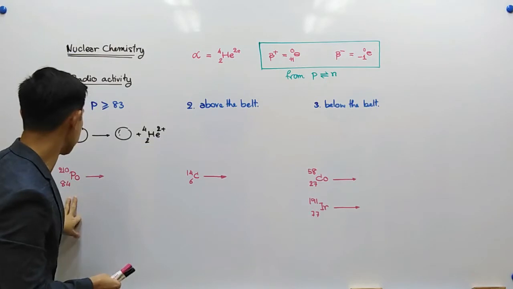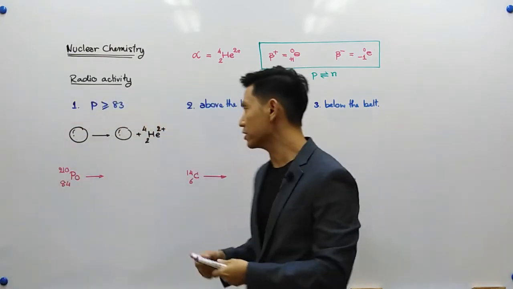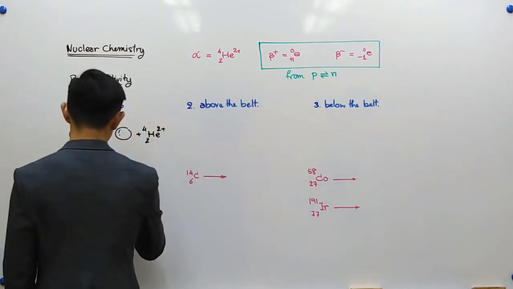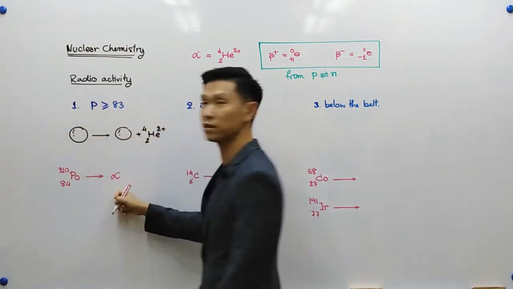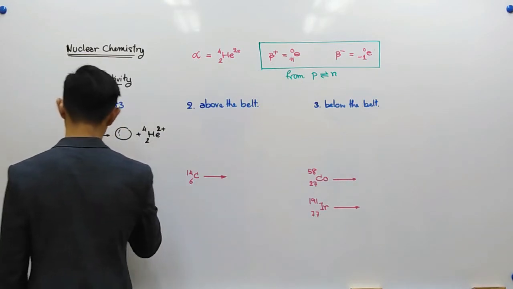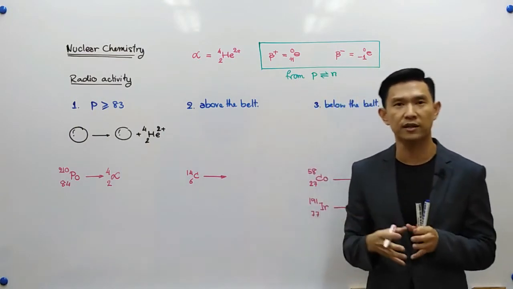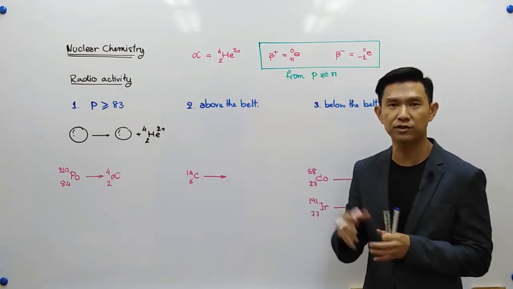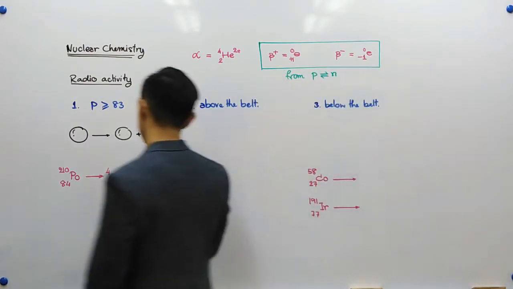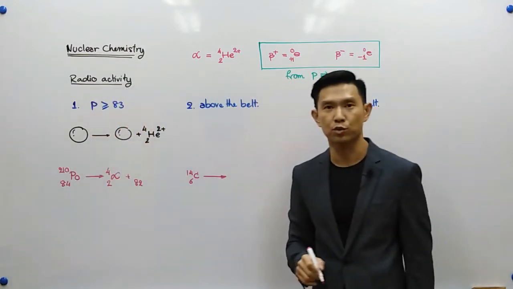Okay? So if you're starting from polonium-84, after release of alpha, helium is actually the alpha, right? So after you release alpha particles of mass 4, the number of protons inside the nucleus is reduced by 2 units. So at the end, you have the number of protons just 82.